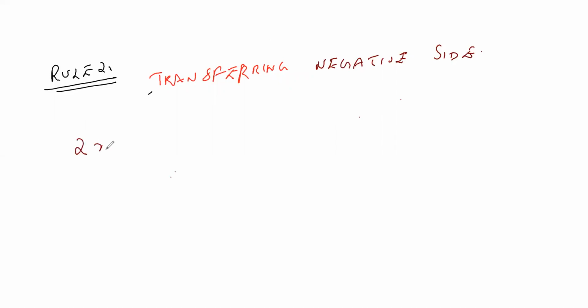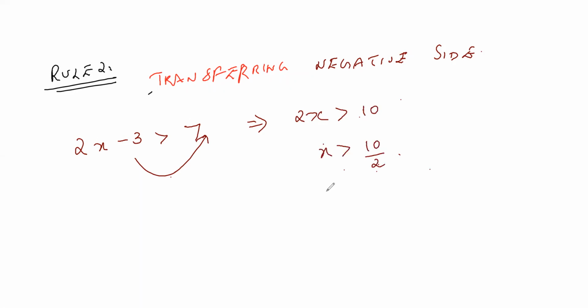So instead of +3, I'll just write -3, 2x greater than 7. How do I represent this thing? -3 will go this side. It will become what? 7 plus 3. 2x greater than 7 plus 3 is 10. So x greater than 10 by 2, 5. This is the final product. This is my rule number 2.